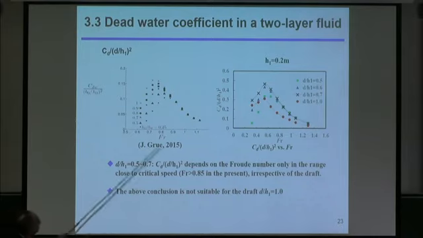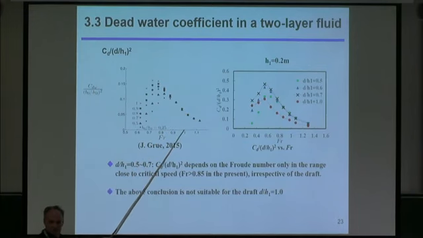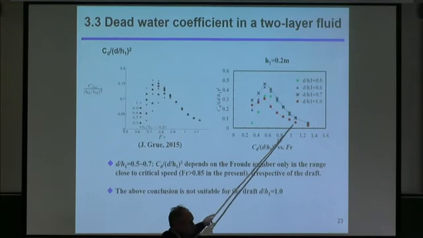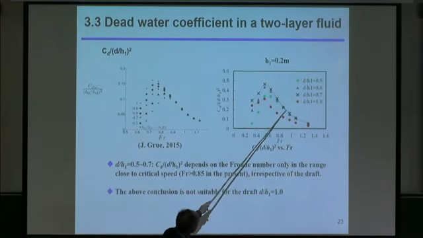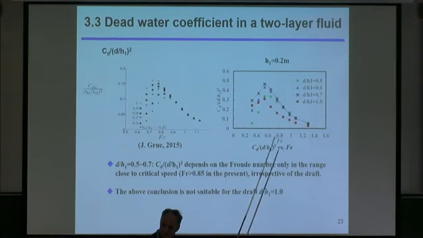Therefore you have a collapse of the data here. So nothing happens at 1. The message is nothing happens at 1, except when you are breaking. So you have the same. It's a wonderful experimental confirmation of what we see in the theory.